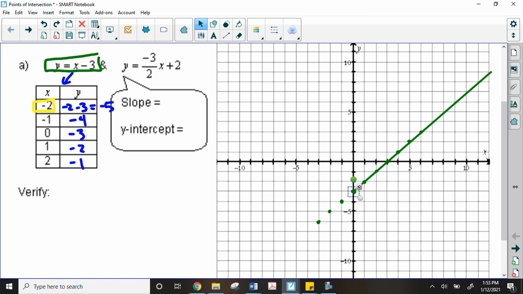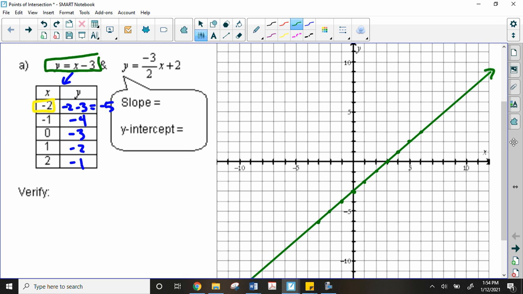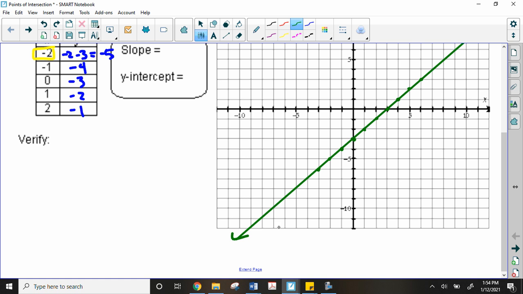We'll drag it all the way down. Okay, there's one line. And I want full marks, so I'm going to go in there with my arrows, and I'm going to throw on my equation, which was y equals x minus 3. Okay, so there's one of our lines.